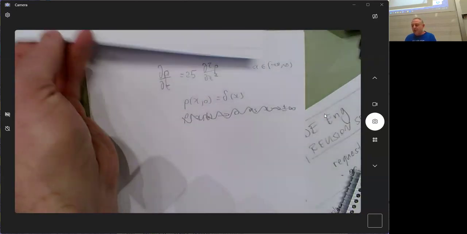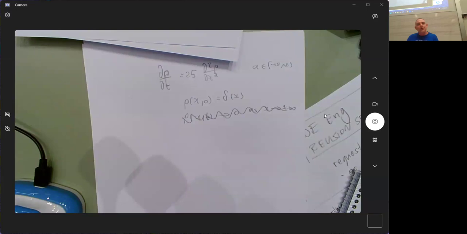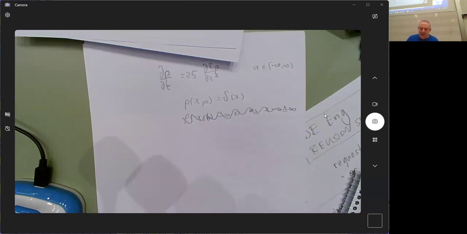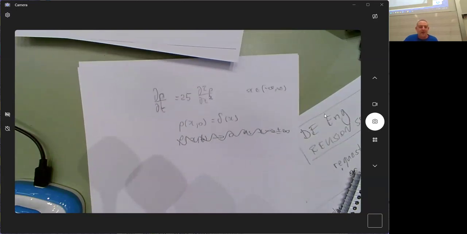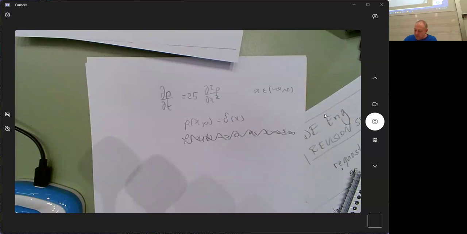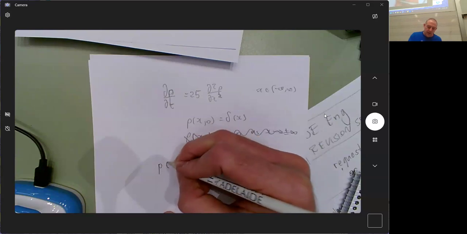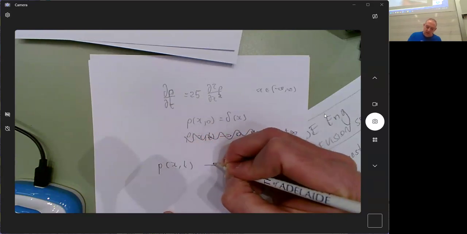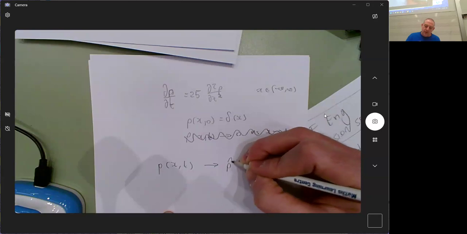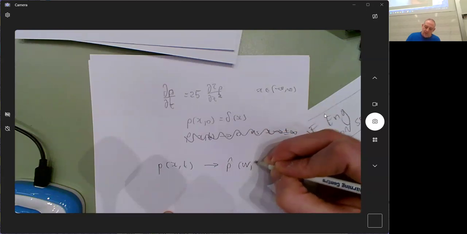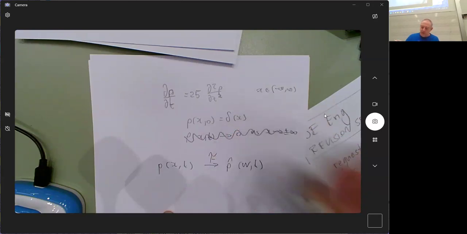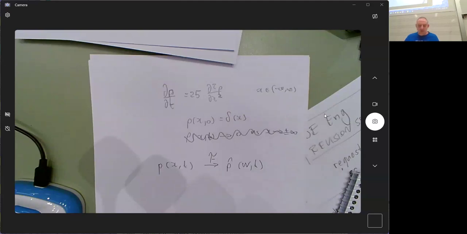Okay. So if you look really closely at things, you can learn stuff that you didn't expect to learn. And so then they Fourier transformed this. So P x t is going to become P hat w t via the Fourier transform. Okay. And so we're going to Fourier transform every piece of this.